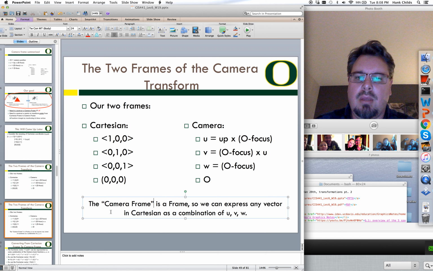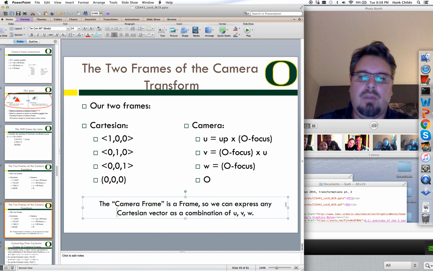And so a frame means that we can express any vector in the Cartesian frame, I'm just going to say any Cartesian vector, as a combination of u, v, and w.